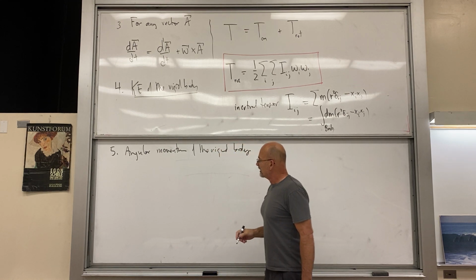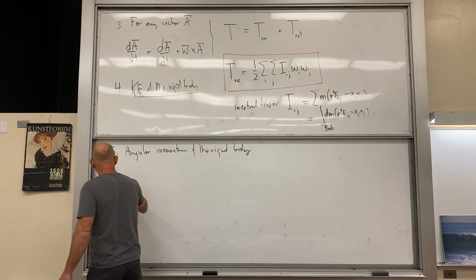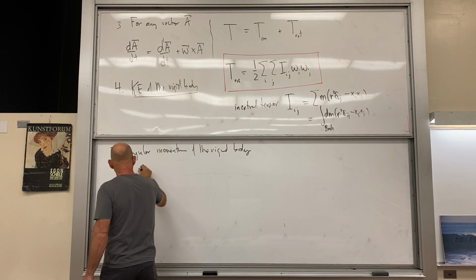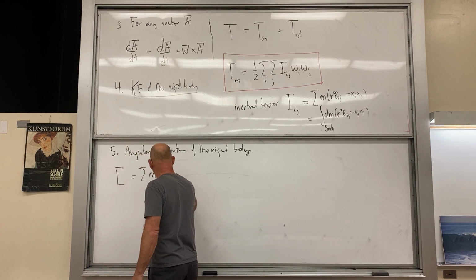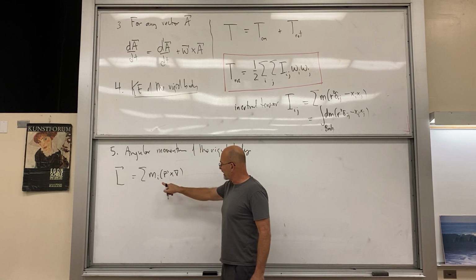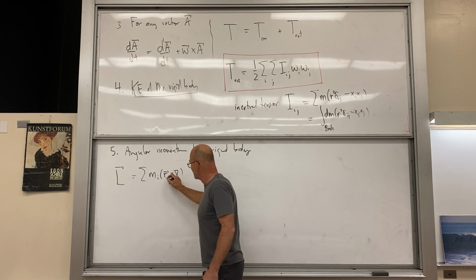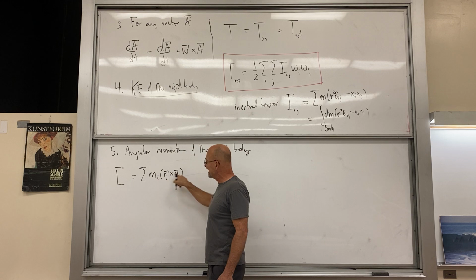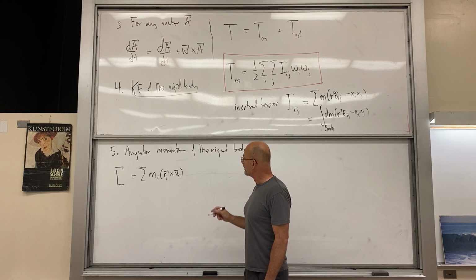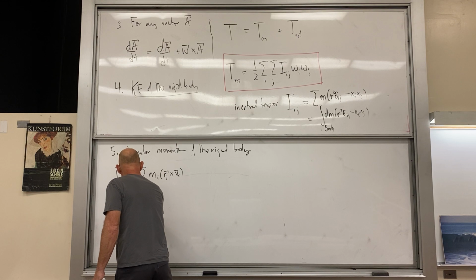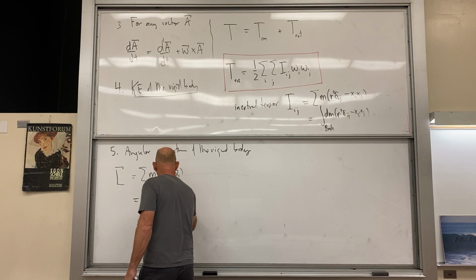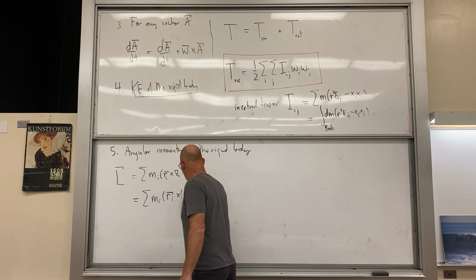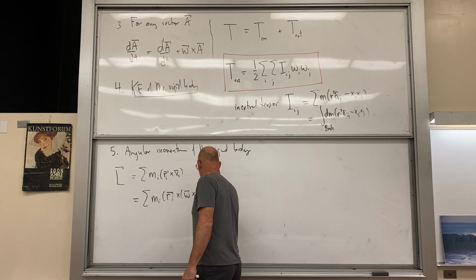Okay. So that's going to be a sum, starting out the way we did, of m sub i r cross v, or we could say r cross p if we wanted. So that would be the angular momentum. But now we have the rotation formalism. So m sub i r sub i cross omega cross r sub i.